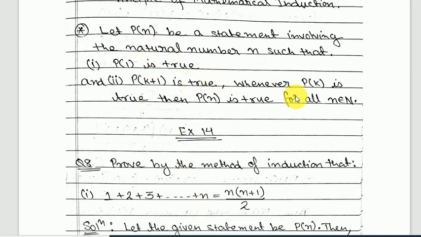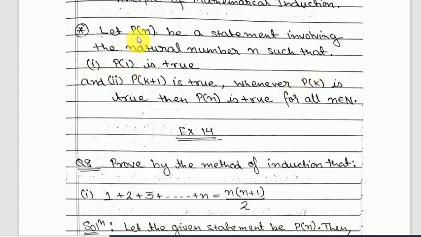Number 2, we will assume that the given statement is true for some natural number k. And using that assumption, we would show that if the statement is true for natural number k, then the statement will be true for k plus 1 also.